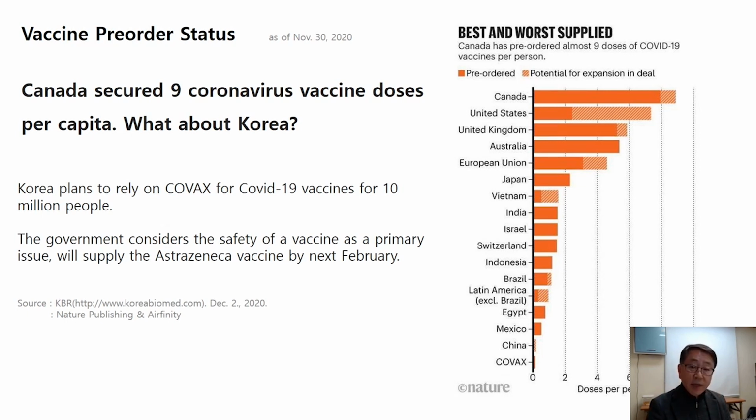I don't know what stage they are at, either clinical stage 2 or clinical stage 3, I guess. But I don't hear any news about the COVAX vaccine. And today, I heard from the news media that the Korean government will supply the AstraZeneca vaccine by next February.